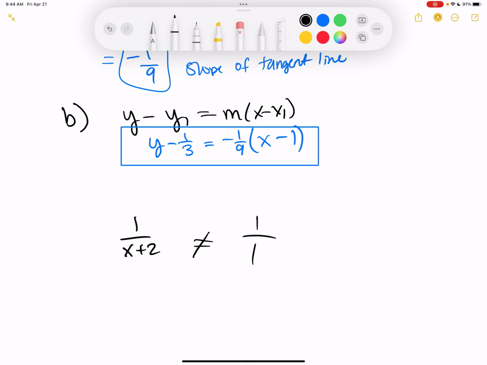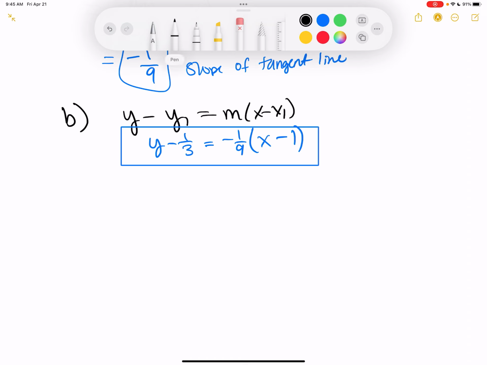You have to change this to x plus 2 raised to the negative 1, and then you take the derivative the same way, but it's kind of like FOILing: you take the derivative of the outside times the derivative of the inside. Anyways, it's a lot. You don't know enough to be able to do that, so you would have to do that one the long way.